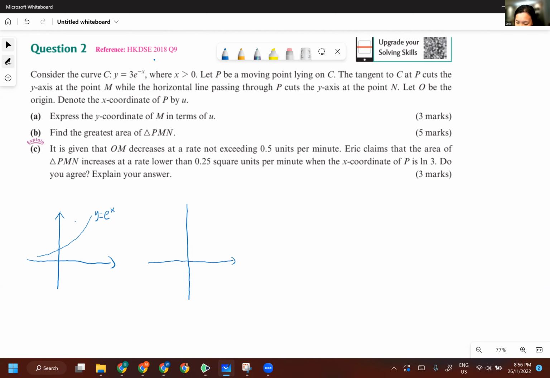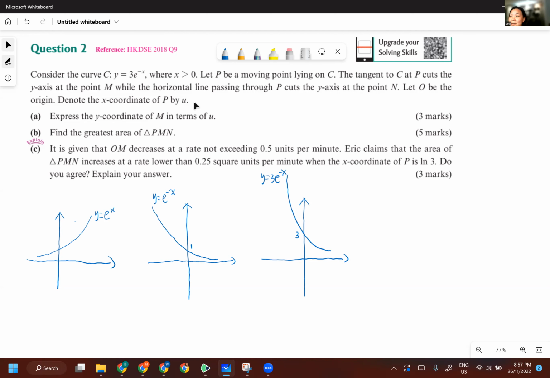Afterwards, this one. They should be reflectional symmetrical along the y-axis. And then this one, maybe. Because now if this is 1, this must be 3. If you know what I mean.